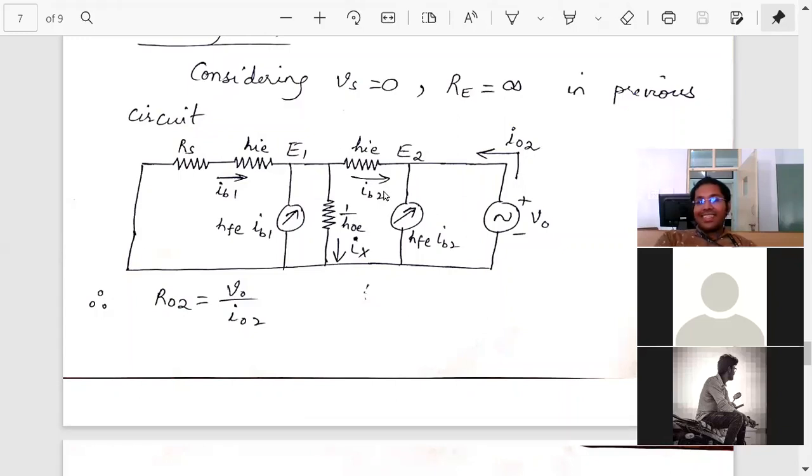Different authors, different textbooks, they do it differently. You can take the entire circuit together and analyze like we did in earlier problems, or you can take it stage by stage. In this problem, RI, AI, AV, we took stage by stage. R0 we are doing as a whole.